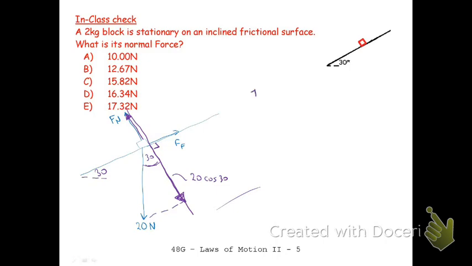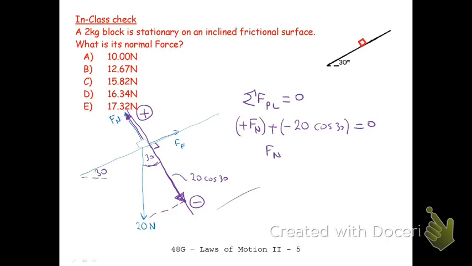So then I say the sum of the forces along the purple line equals 0. Let's call this the positive end and this the negative end. I'm going to say plus Fn added to minus 20 cosine 30 is equal to 0.